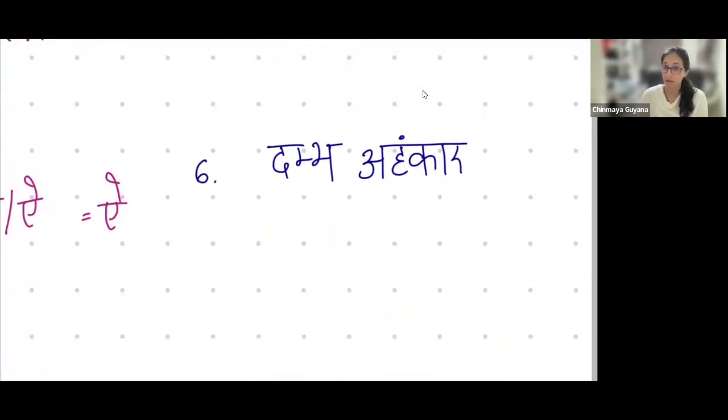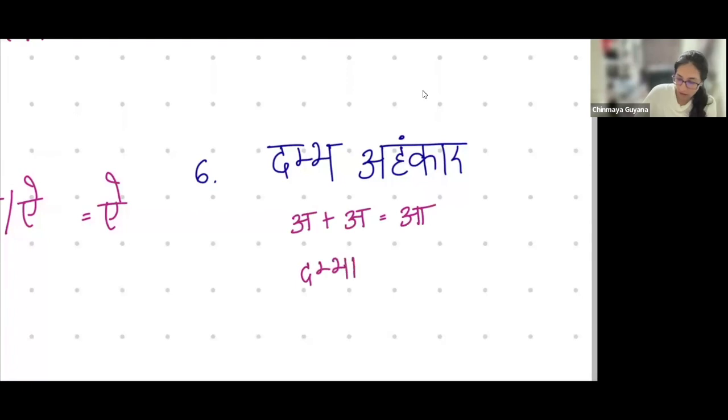Dambha ahankara. So again, if you had written the rules like this, a plus a equals a, that's also fine. So the answer for this is Dambhahankarah.